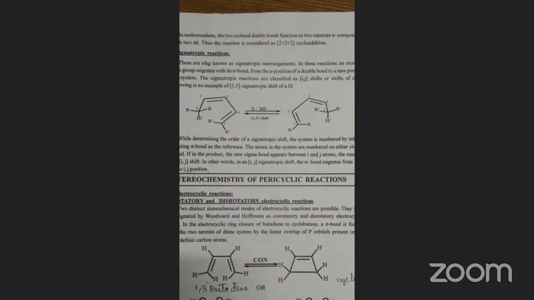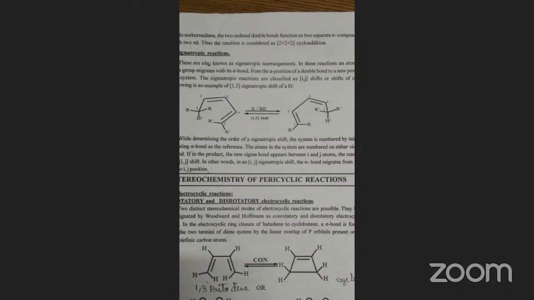So in this example, it already mentioned the first carbon, second carbon, third carbon, fourth carbon, and fifth carbon. The pi bonds are present between the fifth and fourth carbons, and then between 3 and 2 also. Here what happens?